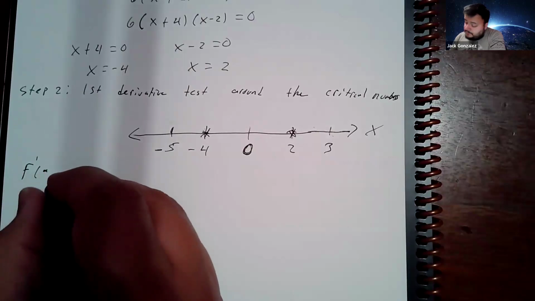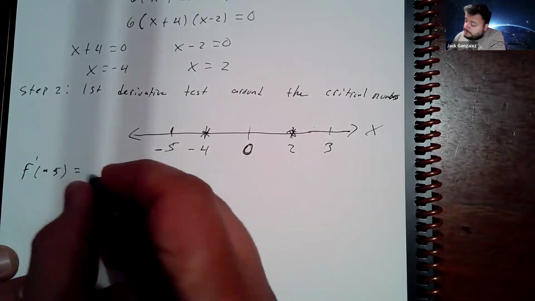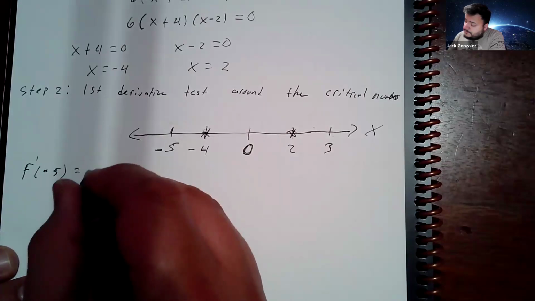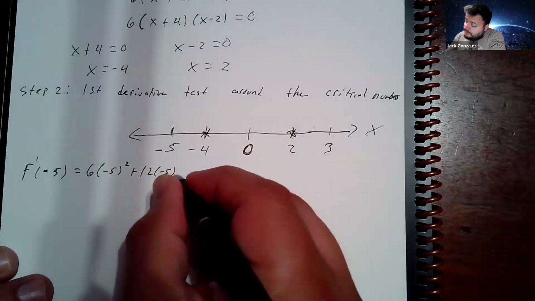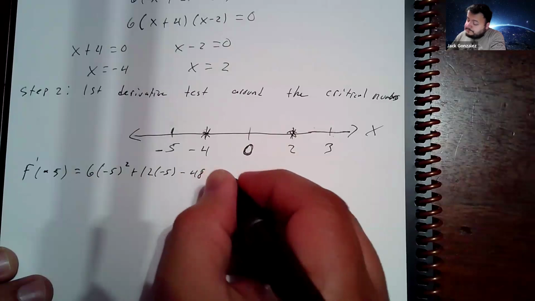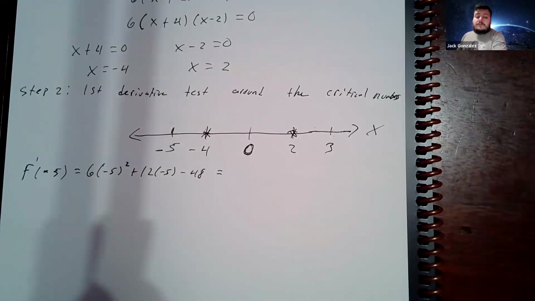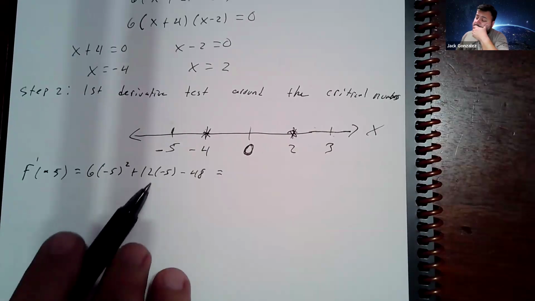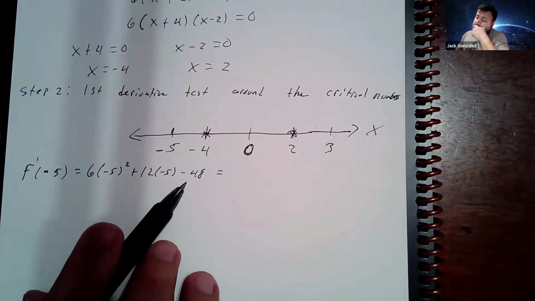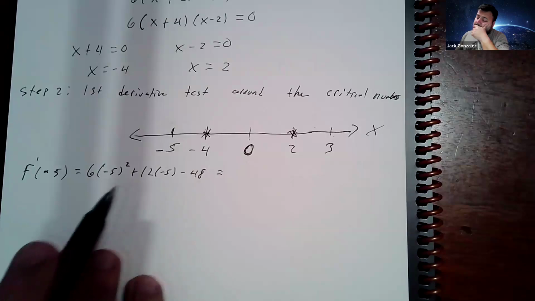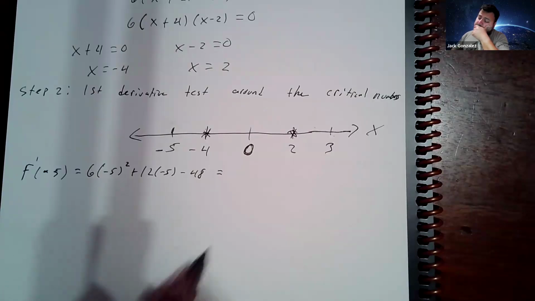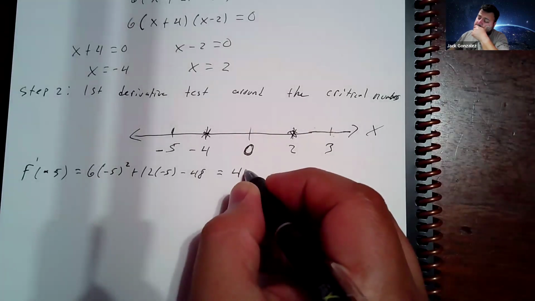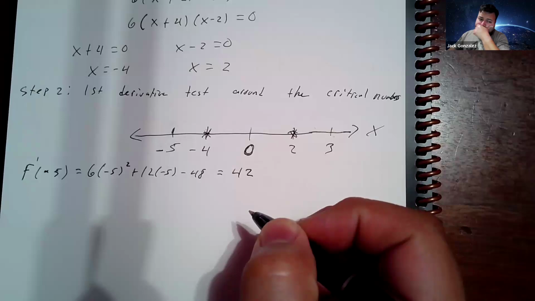So -5. That would be 6 times -5 squared plus 12 times -5 minus 48. So that would be 150 minus 60 minus 48, which is 42. Okay.